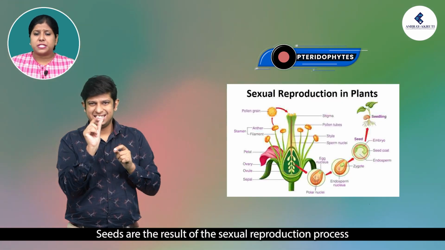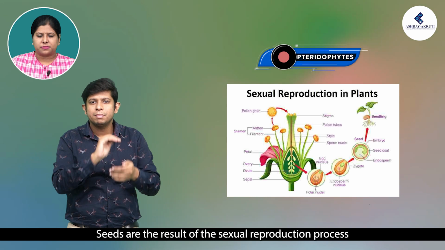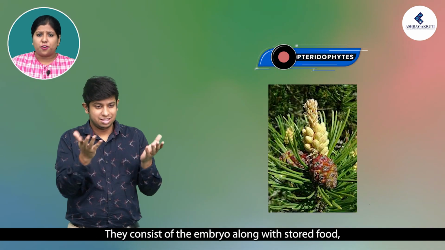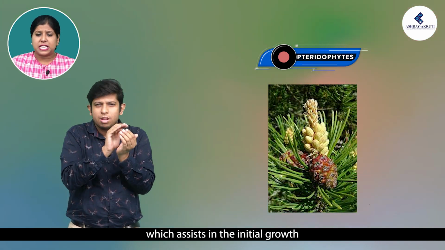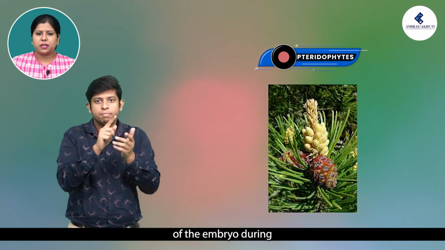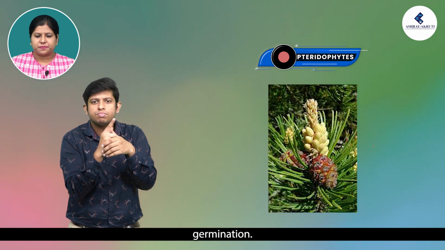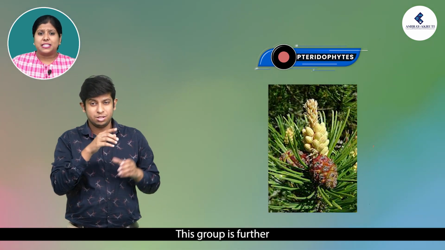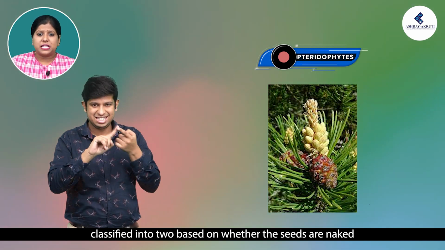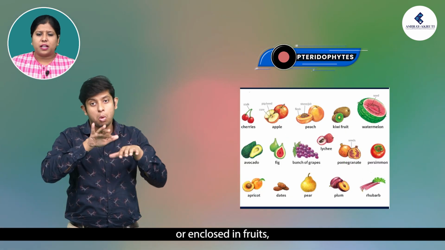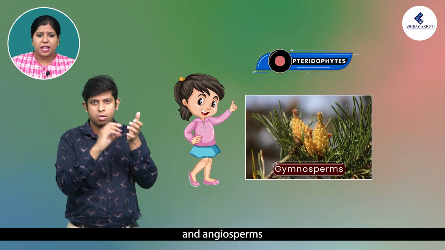Seeds are the result of sexual reproduction process. They consist of the embryo along with the stored food, which assists in the initial growth of the embryo during germination. This group is further classified into two based on whether the seeds are naked or enclosed in fruits: gymnosperms and angiosperms.